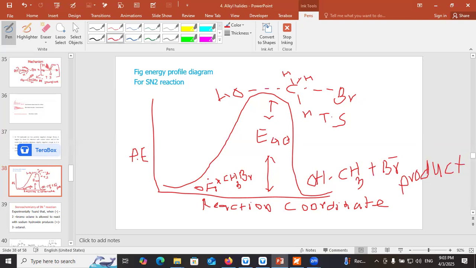And this is the hydroxyl, and methyl bromide is the reactant. Activation energy.